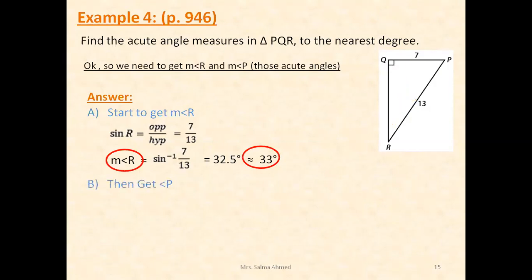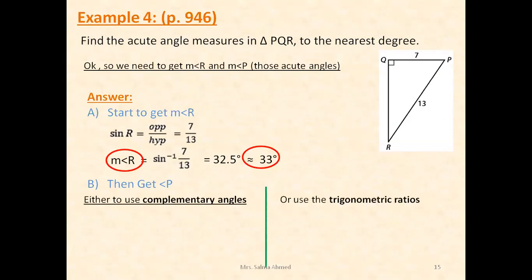Now I'm going to get the measure of angle P. What's the relation between P and the known lengths of the sides? Yes, I know the one beside it, which is 7. So I'm going to use the cosine this time. Actually, I have two methods to find the measure of angle P. The first one is to use the complementary angles, or use the trigonometric ratio, which is the cosine.